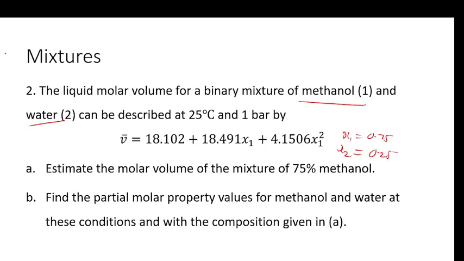We have the expression to be v is equal to, sorry, I have to go back and forth to see the expressions properly. So this 18.102 plus 18.491 x1 plus 4.1506 x1 squared.